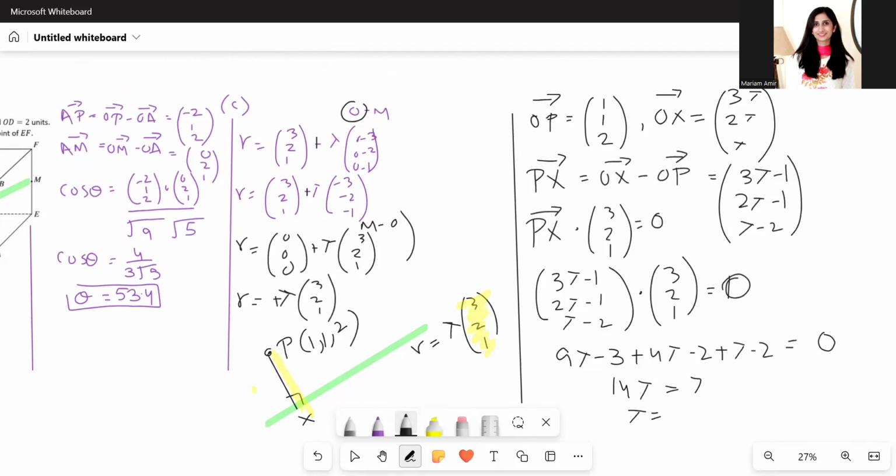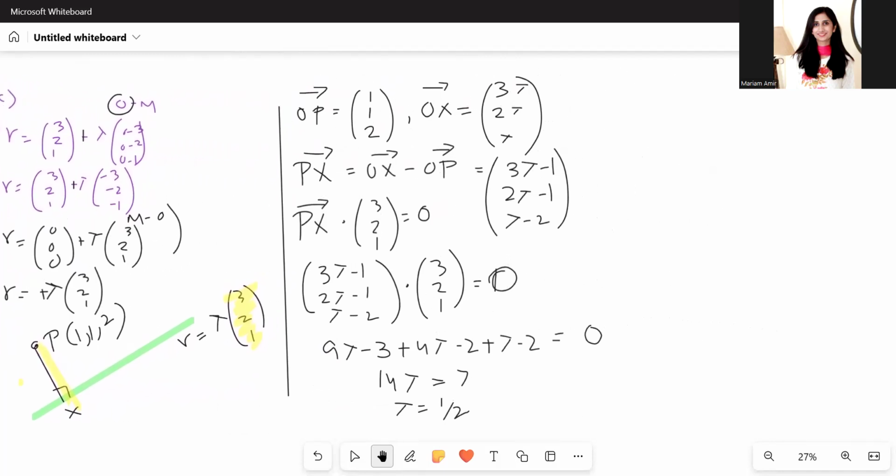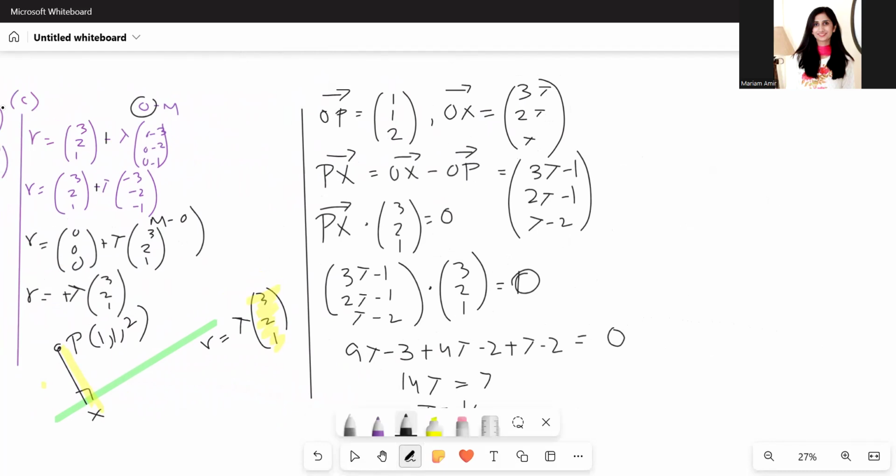So lambda is equal to half. Now that you have lambda, you can just find the vector PX. Replace all these lambdas with half. So we get 3 by 2 minus 1, which is a half. And then 2 times half minus 1, that's a 0. And then half minus 2, that would be minus 3 over 2.